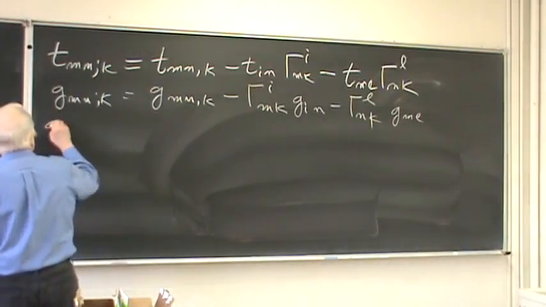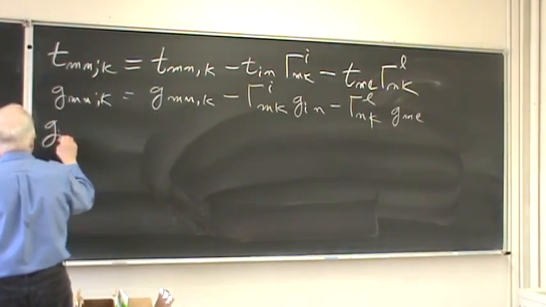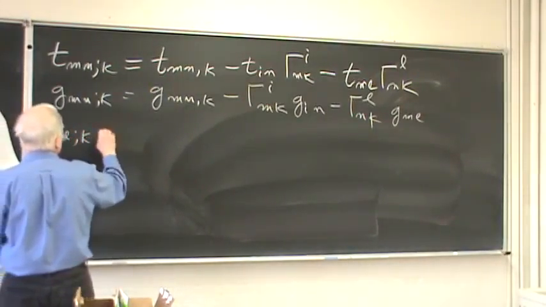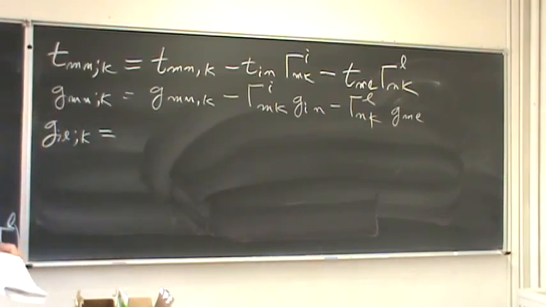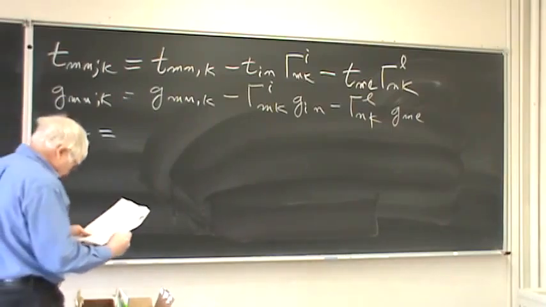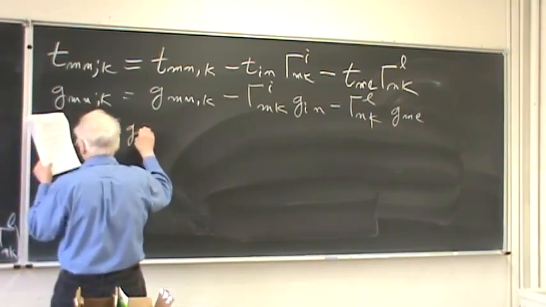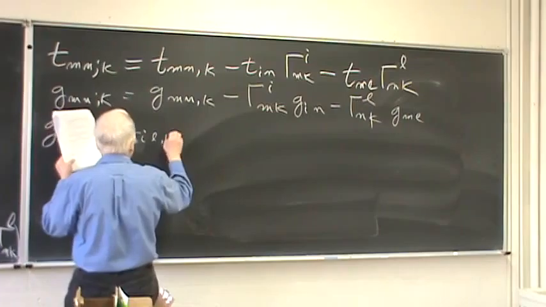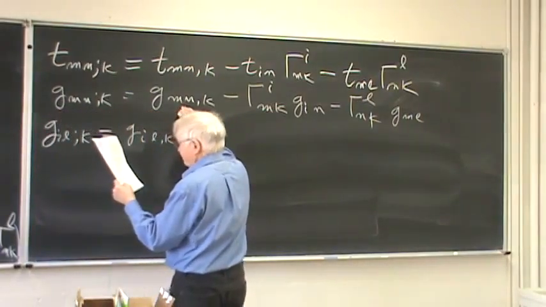So what we have then is G_IL semicolon K equals. By the way, the answer is going to be 0, just to make a long story short. It's going to be G_IL comma K, so that's this term.